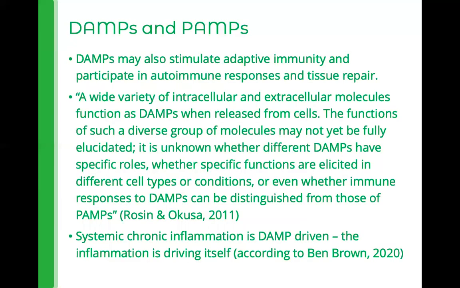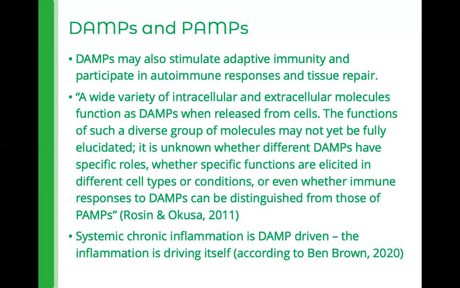The DAMPs can also be involved in autoimmune responses, and that's important when we talk about some of the conditions we're going to look at over the weekend. Different things, intracellular or extracellular, can function as a DAMP, like a damaged cell that's flown around, for example.